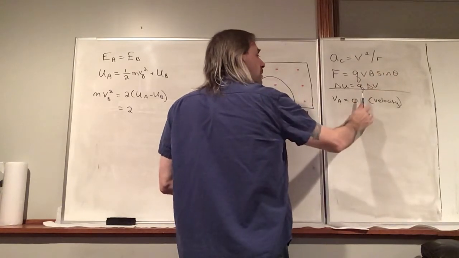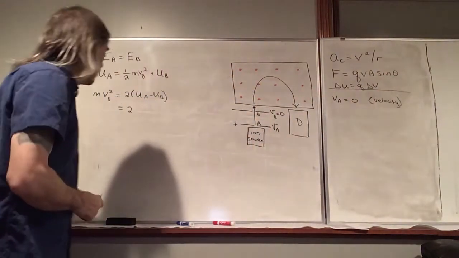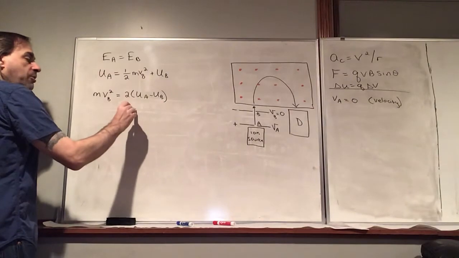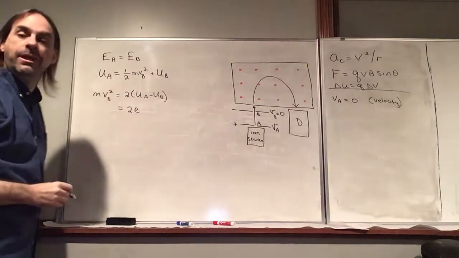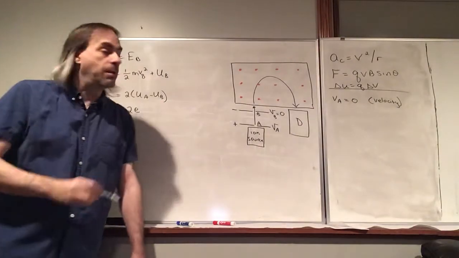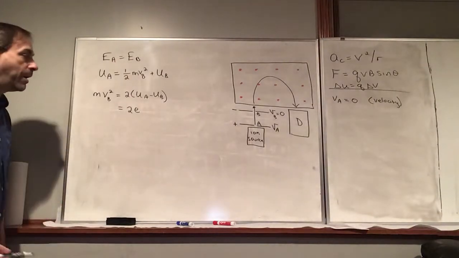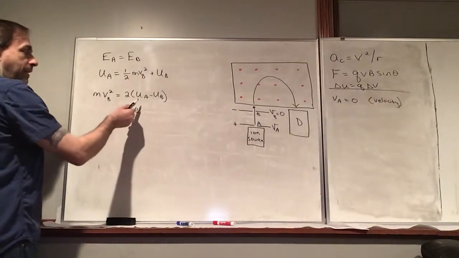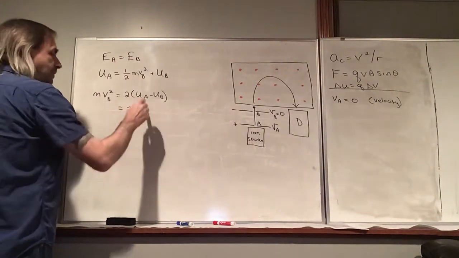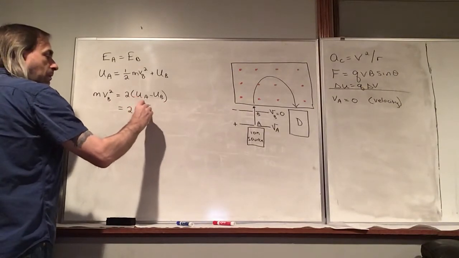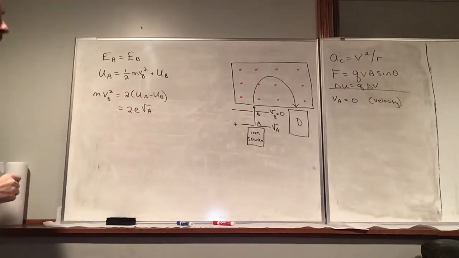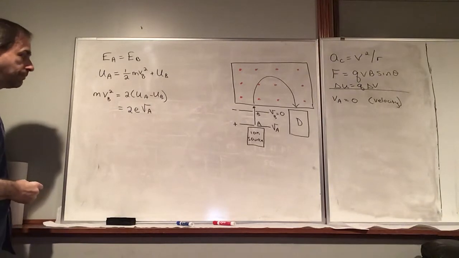Delta U is equal to q delta V. So the charge is, they're singly ionized particles, just by assumption. So we set it up that way. And then what we have is VA minus VB, but VB is 0.